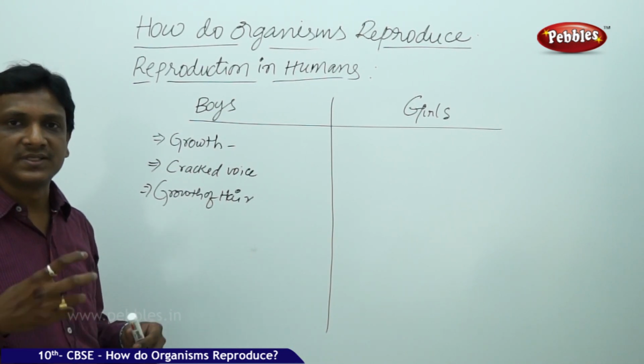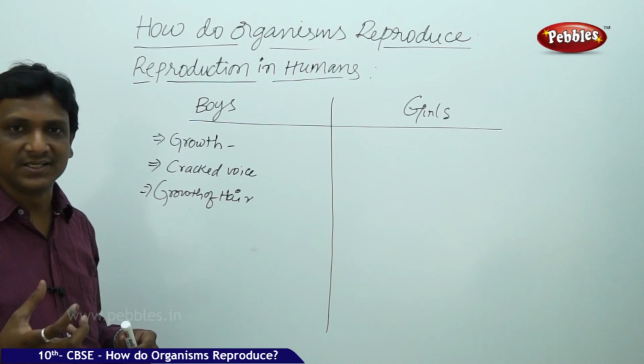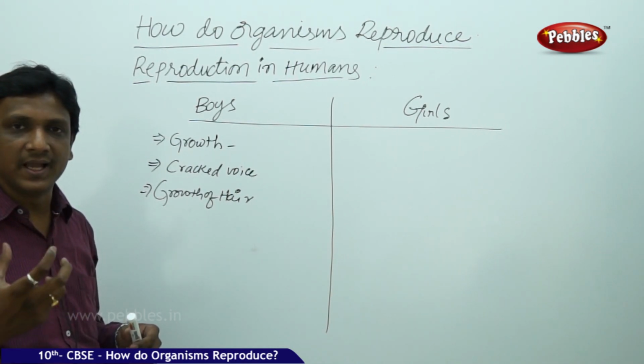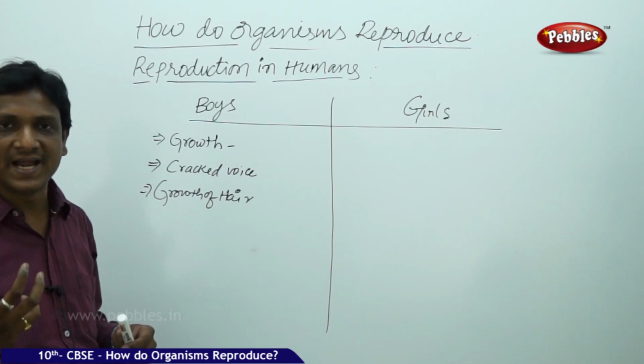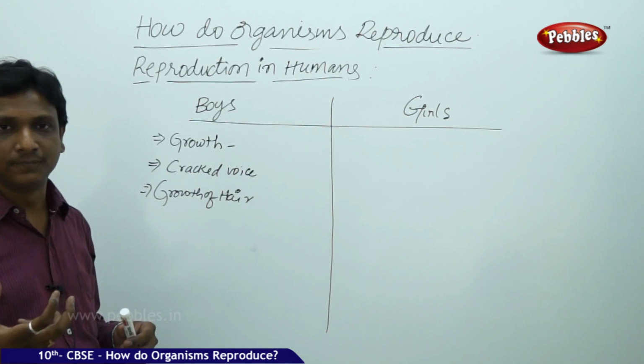And sometimes for some people, depending upon their genetic nature, depending upon their parents, the hair is grown throughout the whole body, that is on the chest, on the back, on the hands. So in such a way the hair is grown.